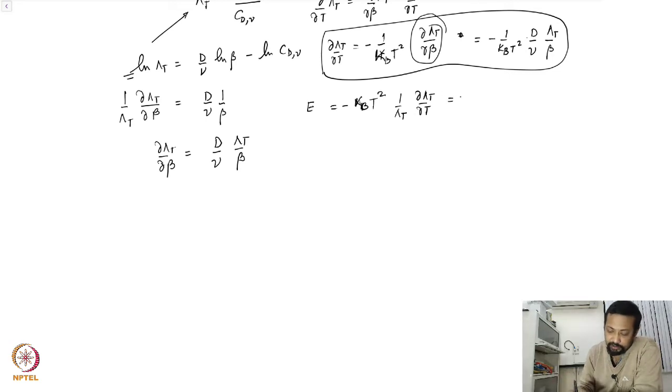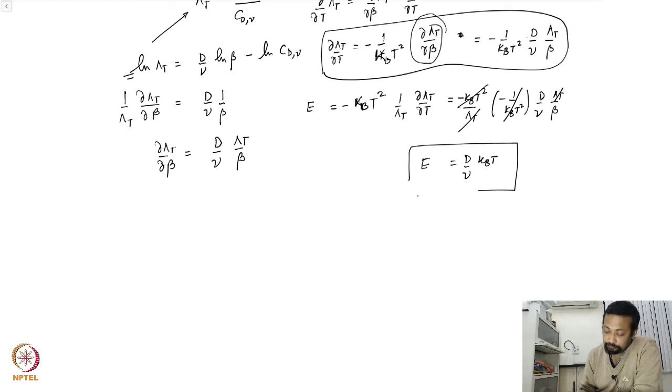Anyway, since we have done it, let's just go ahead with this kB T squared over lambda t. Del lambda t del T I know is minus 1 over kB T squared d over nu lambda t over beta. So this cancels out, this cancels out, and I have the nice expression d over nu kBT. Right?